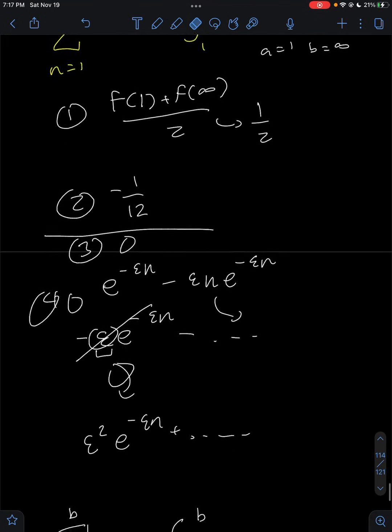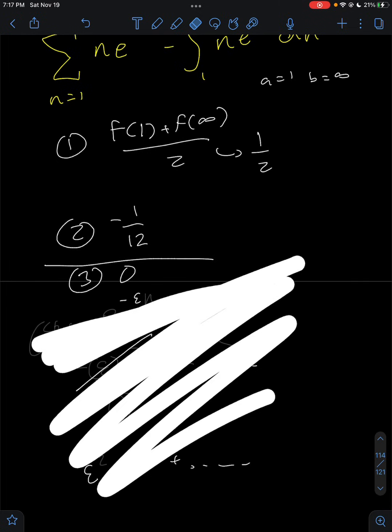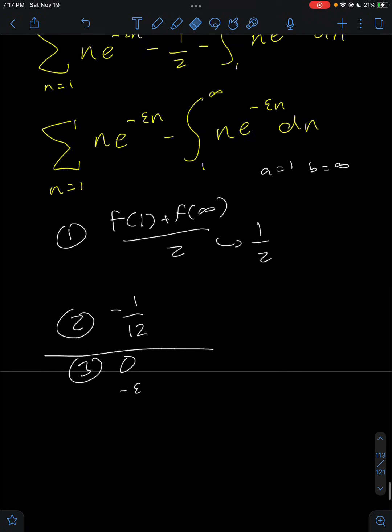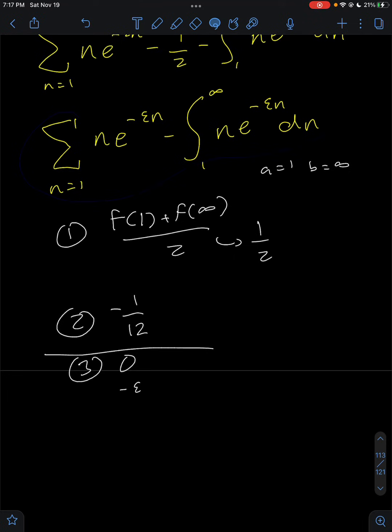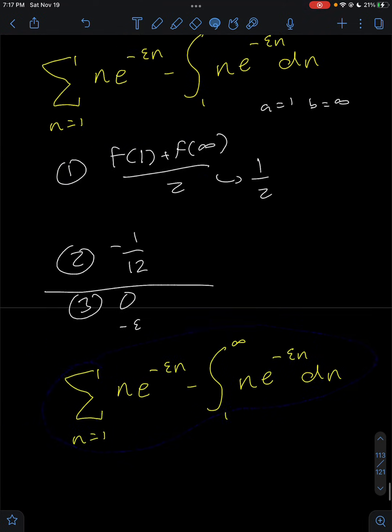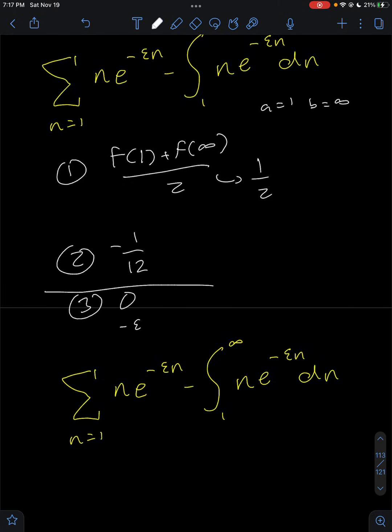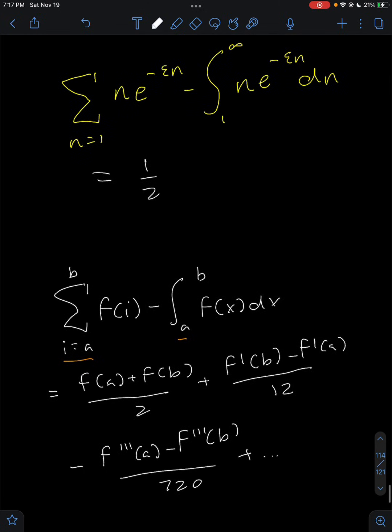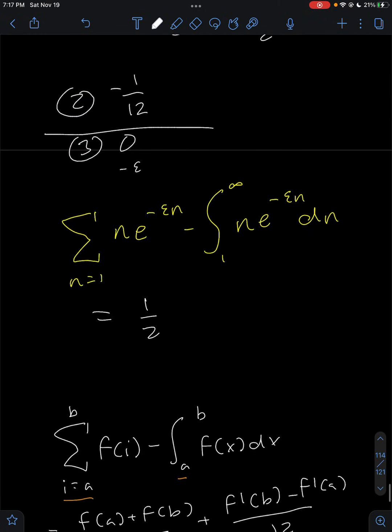So basically what we found out is that this sum is just going to be equal to 1/2, plus, or just really minus, 1 over 12.